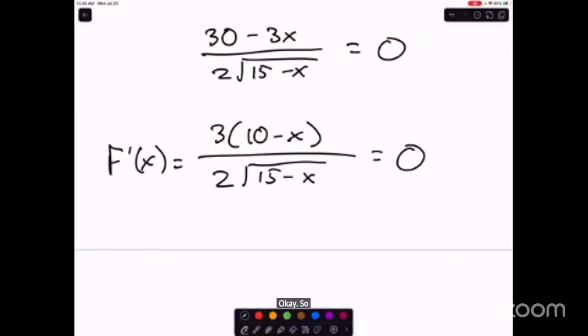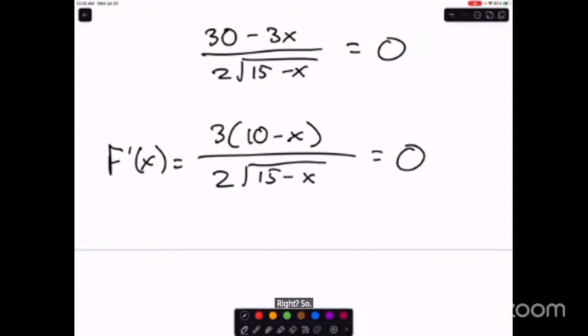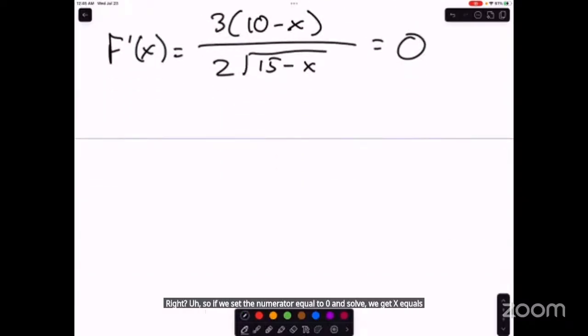A critical value is going to occur at any x that makes this either 0 or undefined, right? The 0 comes from the numerator, so if we set the numerator equal to 0 and solve, we get x equals 10. That's one critical number.